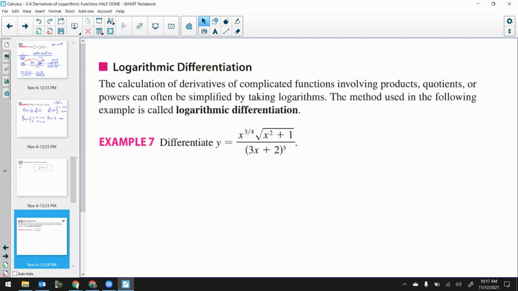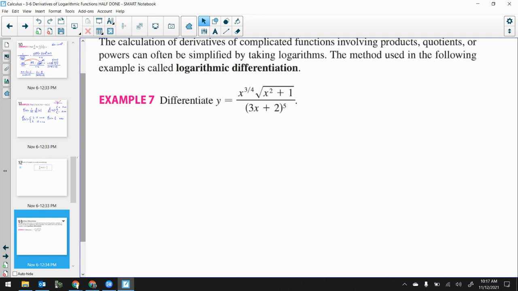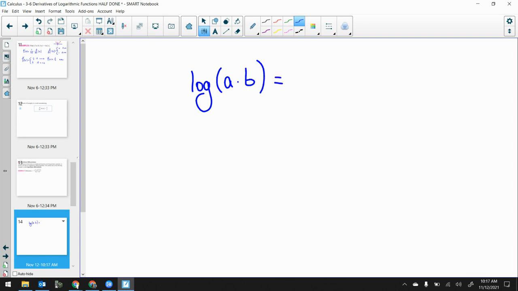Let me show you a technique that would actually help us a little more along the way. Just as a reminder, because we're going to need this in a second: if I have log of A times B, what is that equivalent to? If I multiply within the logs, what can I break that up into?